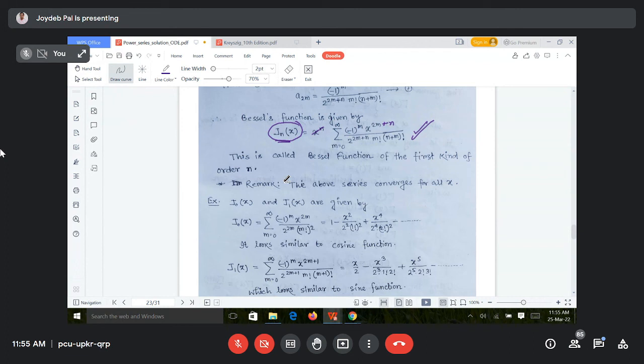This function is called the Bessel function of first kind of order n. There is a second kind of Bessel function also. That Jn(x) is called the Bessel function of first kind of order n.